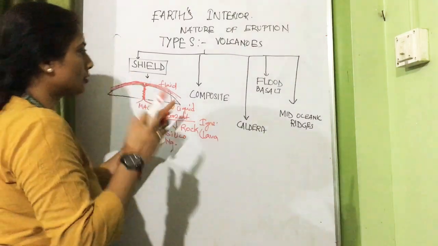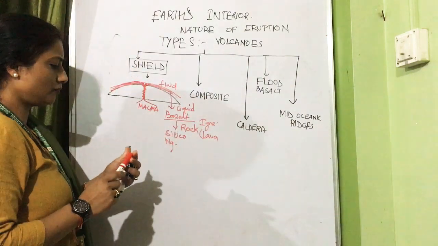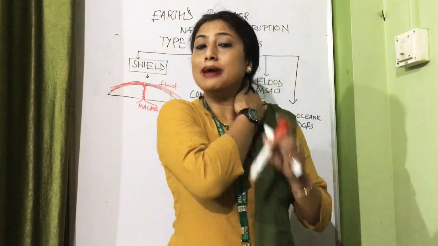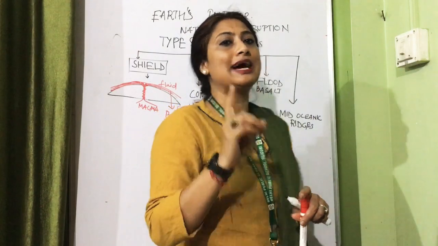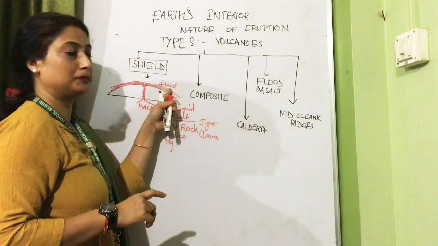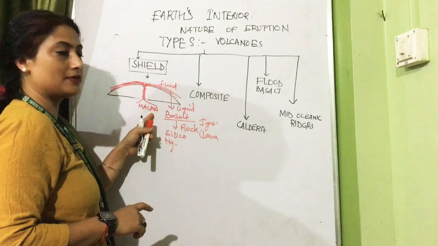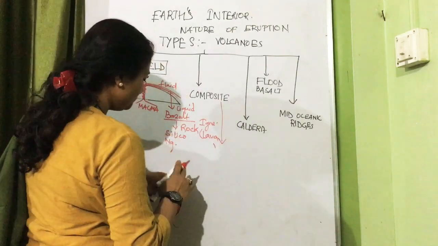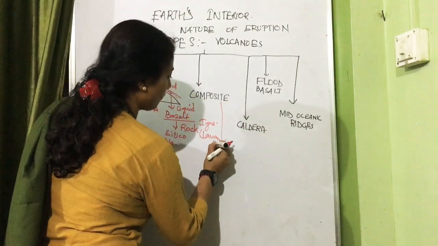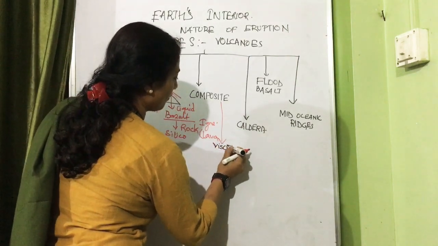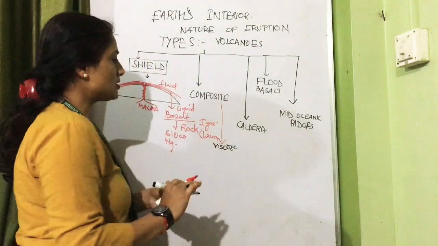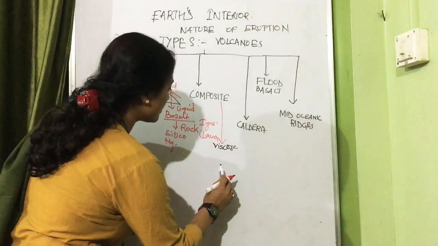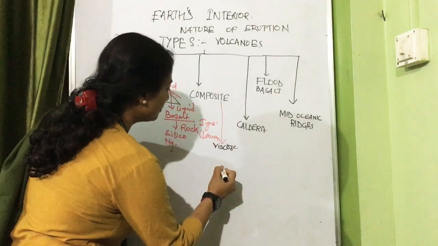Now if we talk about the composite kind of volcano, when the volcanic eruption takes place, the matter which comes out is not that fluid kind of matter which we have seen in the first category. Rather, it is a little viscous and thick.